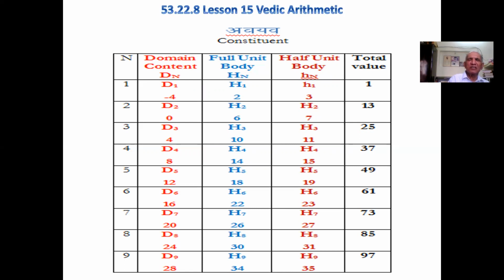The domain content of one space is a value -4, and hypercube 1 of full unit is a value 2, and hypercube 1 of half unit is a value 3, and the summation value of these three constituents in respect of the one space is 1. And sequentially, when we proceed, we'll see that the summation value in respect of two space content and its pair of bodies will be 13, then 25, 37, is the addition of value 12 at each stage.